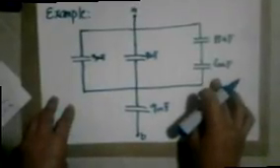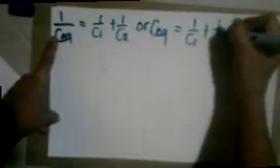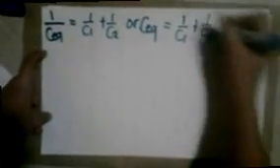So first, we can see that the 12 microfarad capacitor and the 6 microfarad capacitor are in series. So to find its equivalent capacitance, we use equation 5. That is 1 over C equivalent equals 1 over C1 plus 1 over C2, or C equivalent equals (1 over C1 plus 1 over C2) inverse.